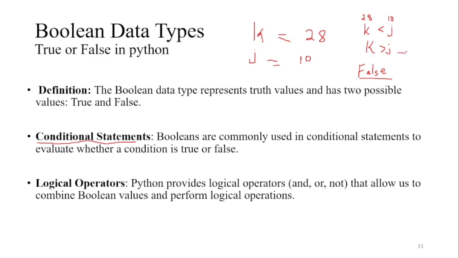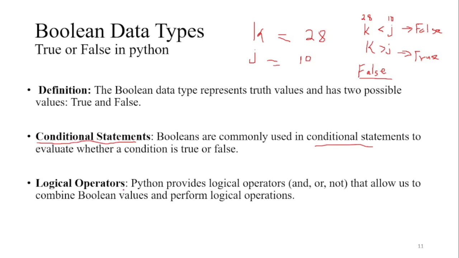So this will give me an output of true, and the other is false. So Boolean data types apply to conditional statements. Booleans are commonly used in conditional statements to evaluate whether a condition is true or false.